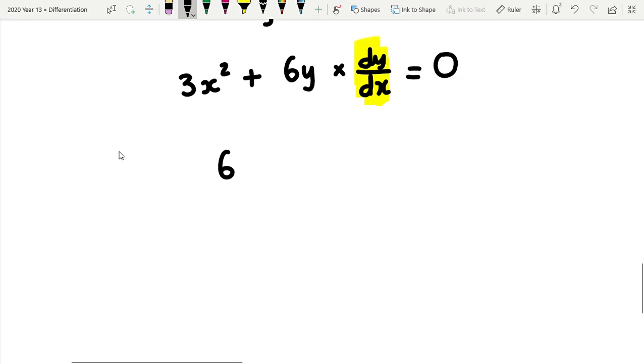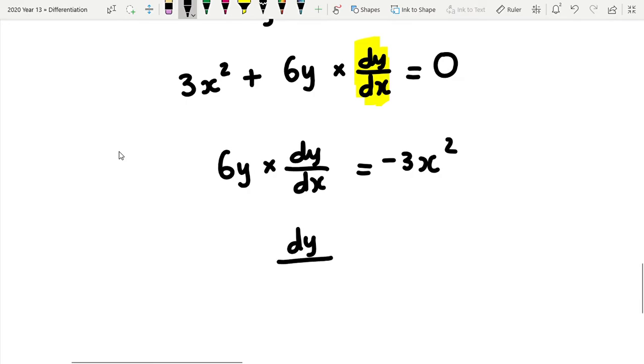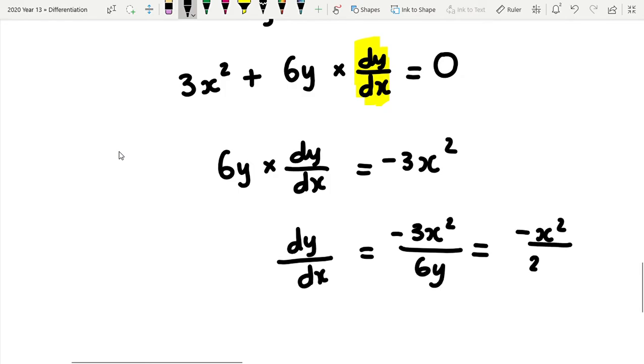So I have 3y times dy over dx equals minus 3x squared. And then I divide both sides by 6y. So I have minus 3x squared over 6y. If I simplify this fraction a little bit, then I have minus x squared over 2y.